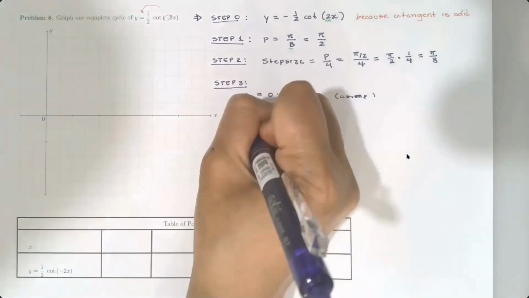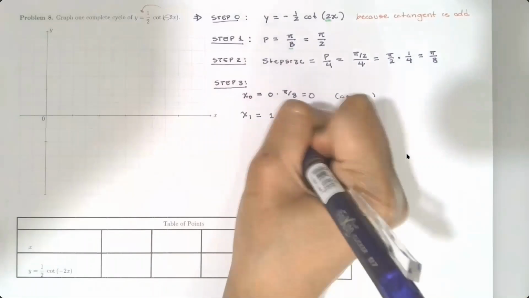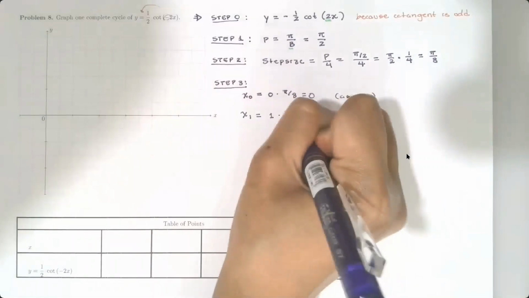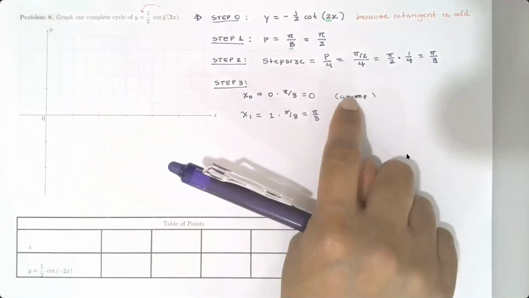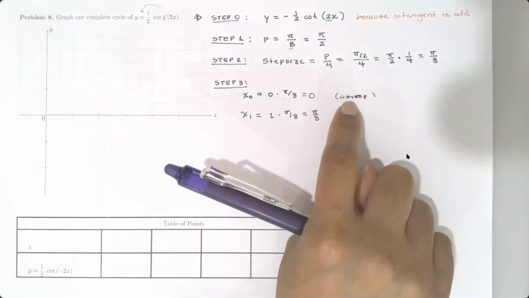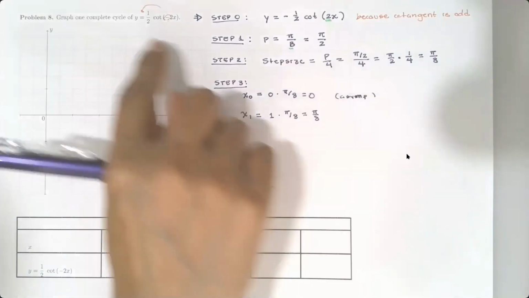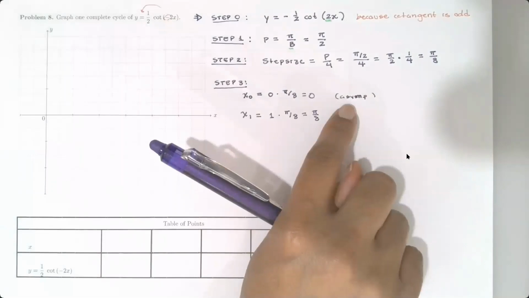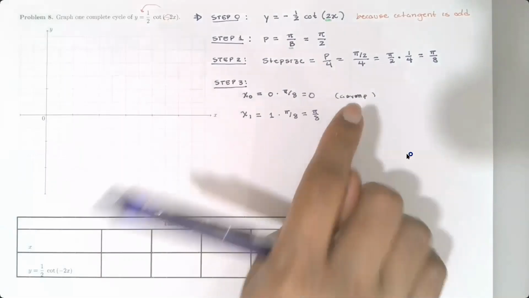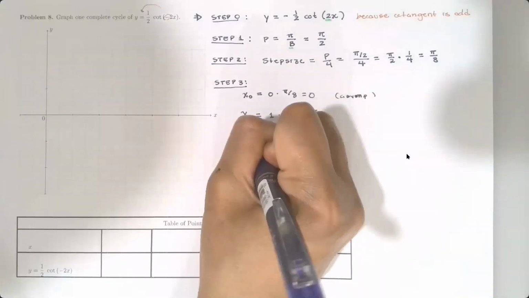Then x1 would be 1 times the step size, which is pi over 8. This is an expectation, and even if you forget at this point, it's okay. Once you plug this x value into the equation, you'll see that it gives you undefined, so we'll know that that is an asymptote. For now, we're just expecting that to be an asymptote.